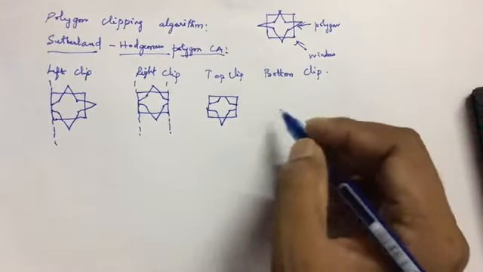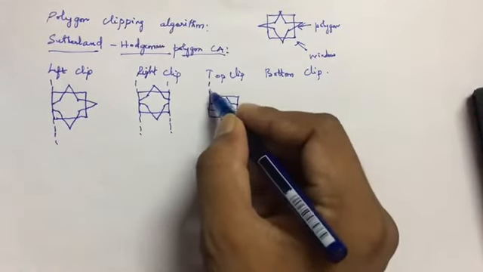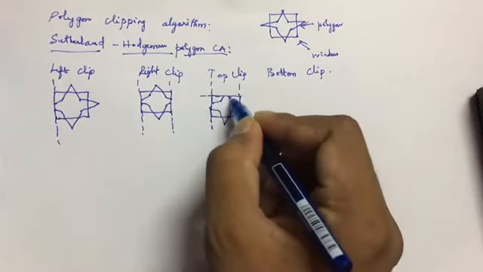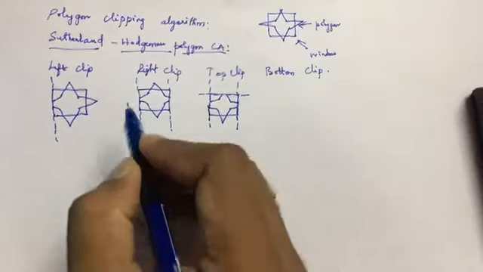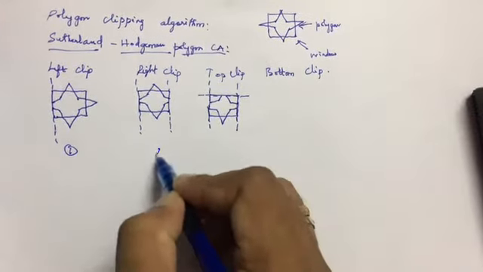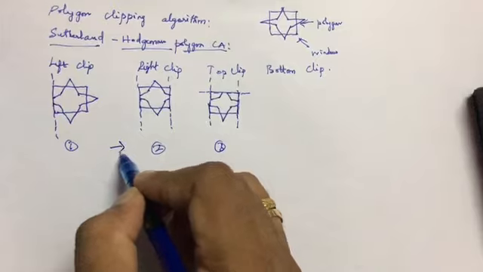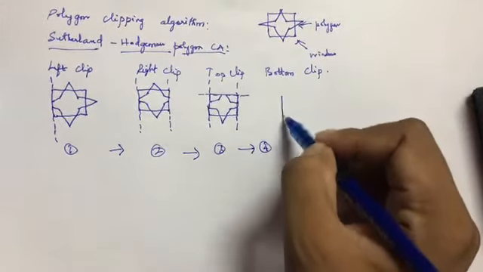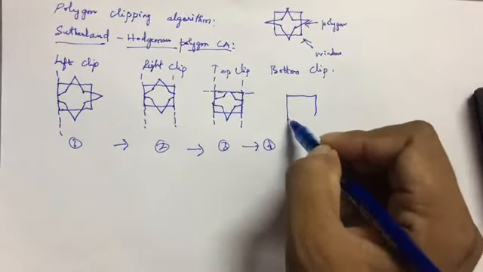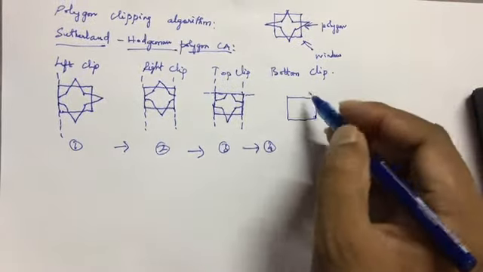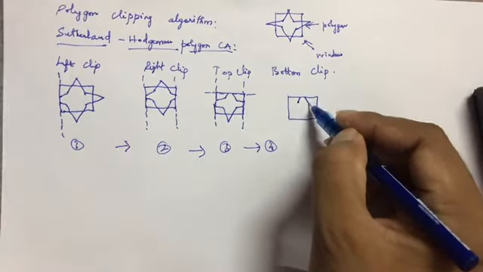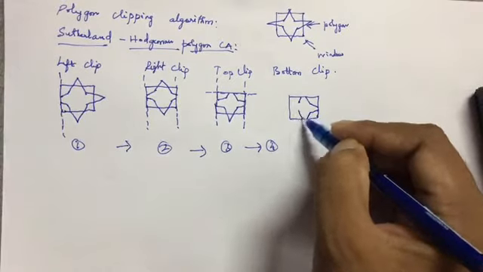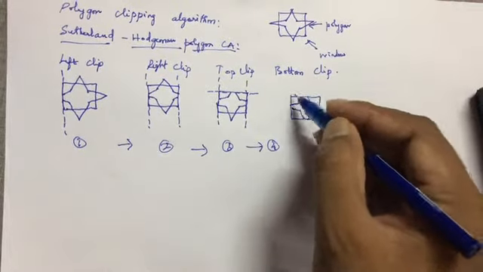This is the first step, second step, third step, and then from the third step to the fourth step we will have the output like this.